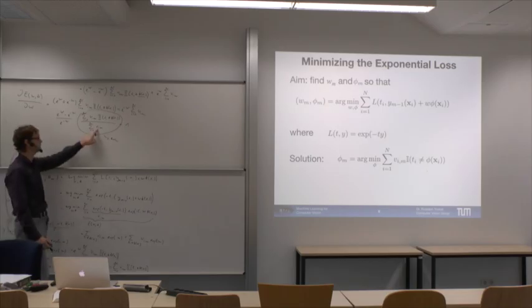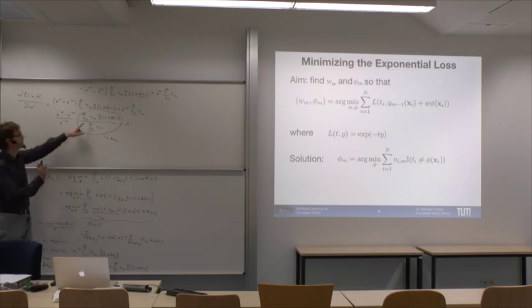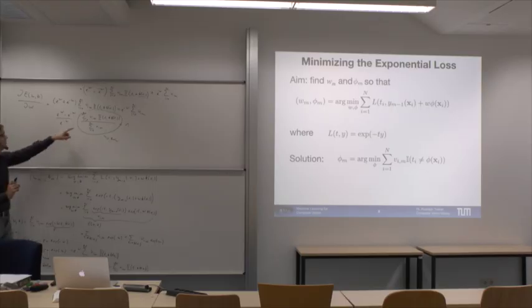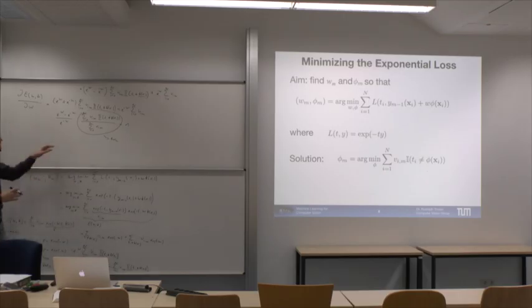So if I interpret this v as a weight in front of every data point, then what I simply do is I count how often I misclassify and sum the weights that correspond to these misclassified data points. These v's here are weights. And I sum all the weights and divide by the sum of all weights. This is just a normalized way of expressing the error that my phi function actually makes.